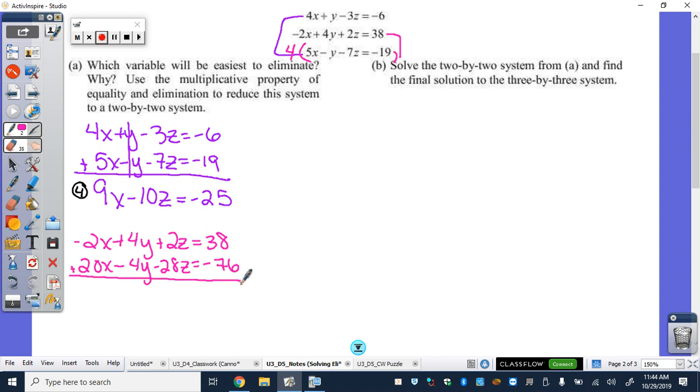My third equation, everything gets multiplied by 4. So that's 20x minus 4y minus 28z equals negative 76. So my fifth equation ends up being 18x minus 26z equals negative 38.